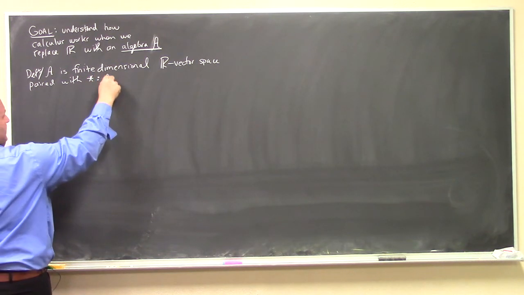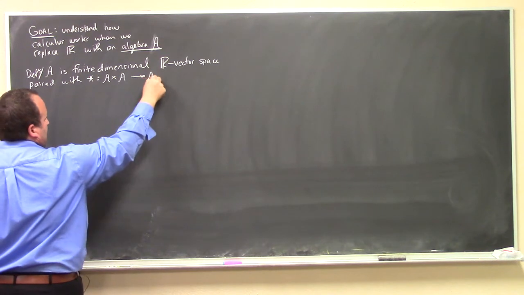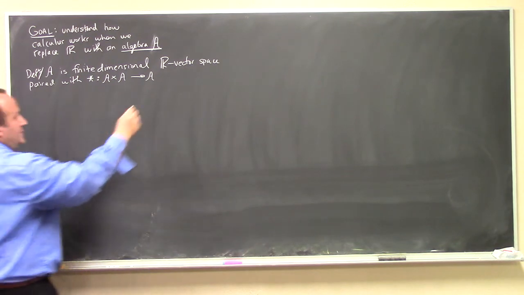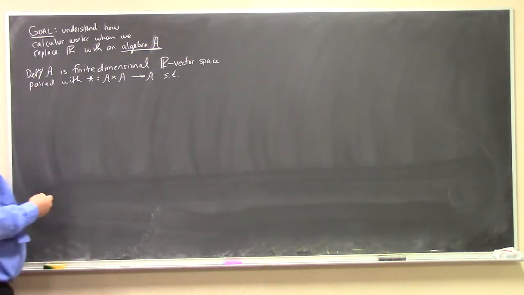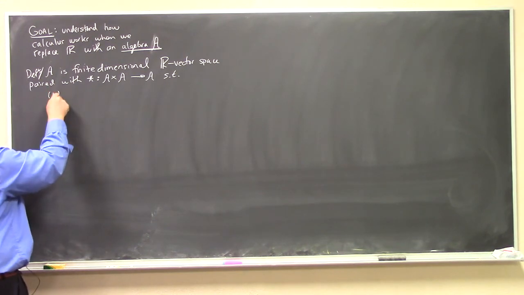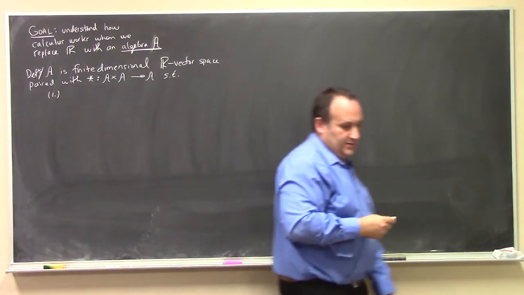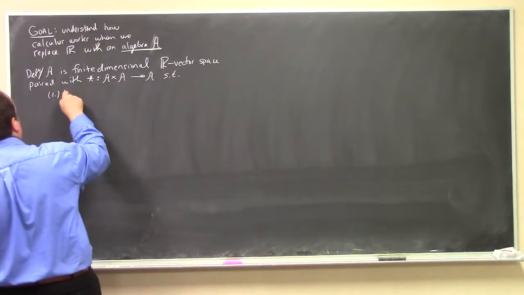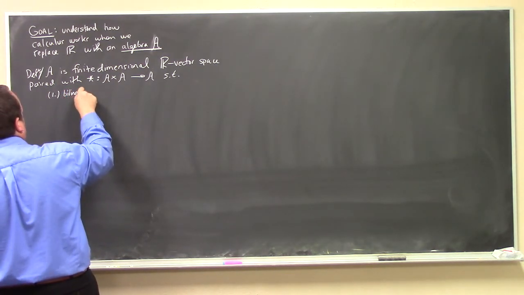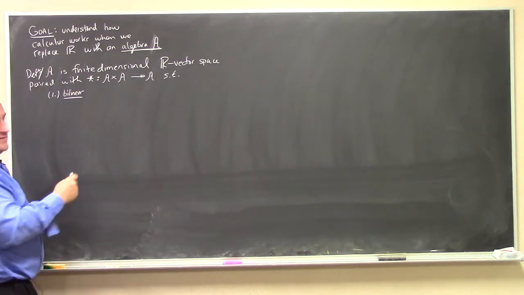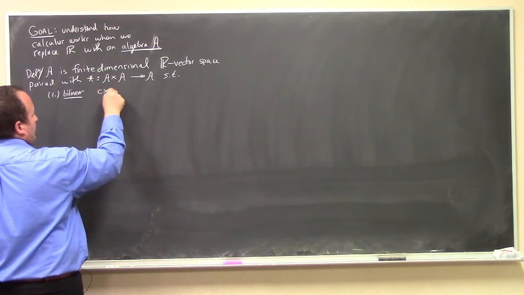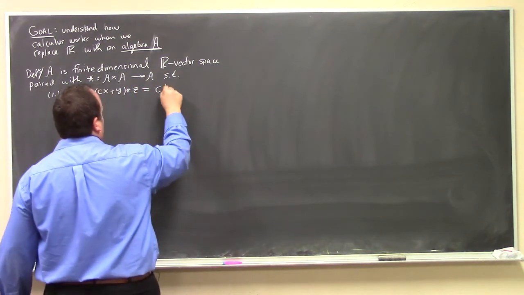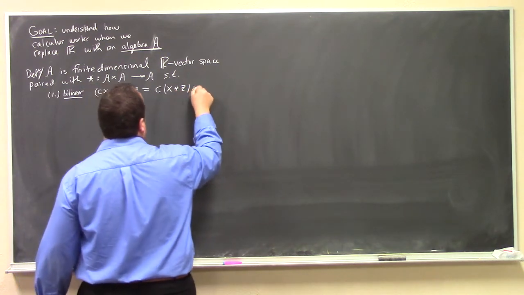Star is a mapping from A cross A to A again, so it's a binary operation, such that a couple of things hold. Number one, the operation is bilinear. Bilinear means linear in both slots. So that gives us (cx + y) star z is c times x star z plus y star z.